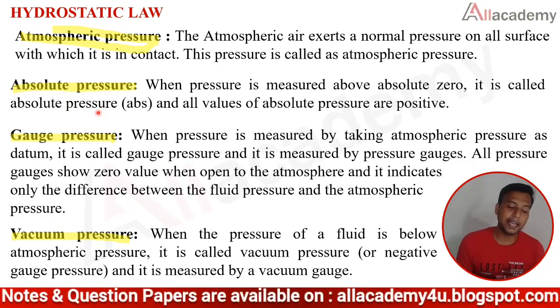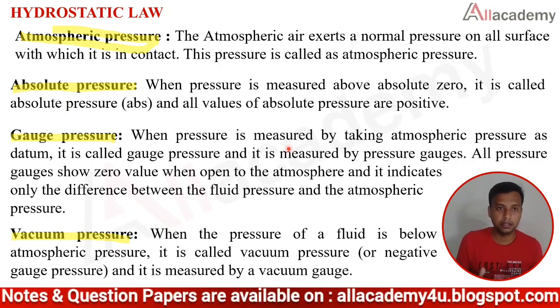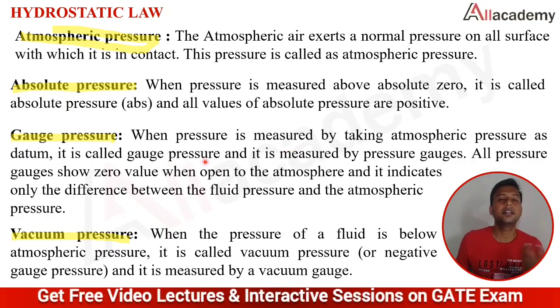Now what is gauge pressure? When the pressure is measured by taking atmospheric pressure as a datum or reference, it is called gauge pressure, and it is measured using an instrument called a pressure gauge.